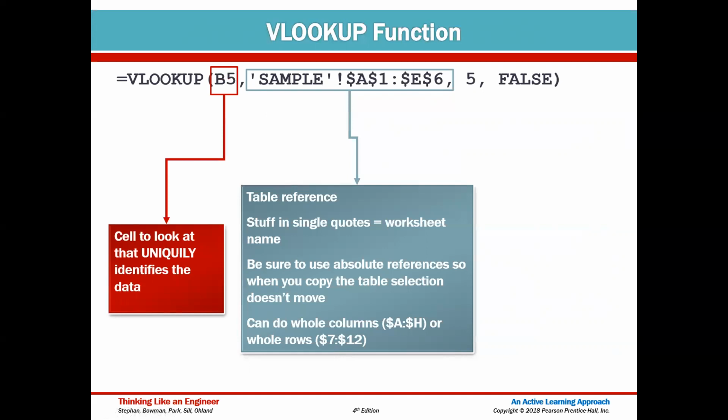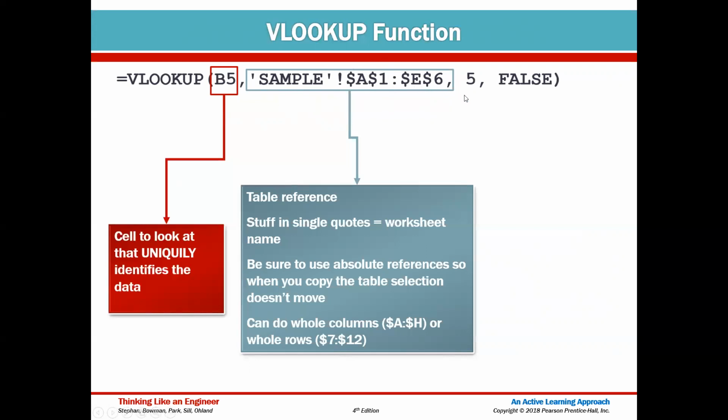And then also, that table that we are looking up into is going to be in a separate table. So in this case, we are looking in a completely different sheet from the one that we are currently in, and looking up cells A1, using our absolute cell referencing here to indicate that it is strictly A1 through E6.